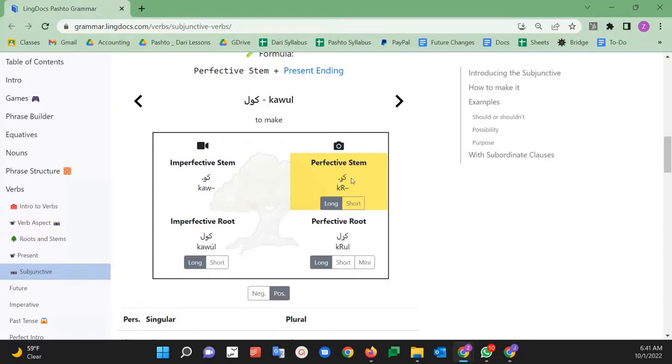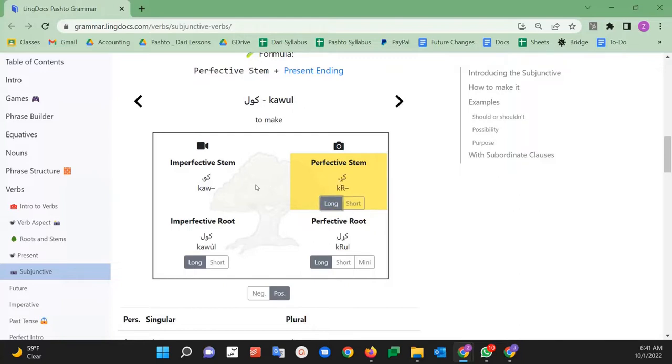Now what's tricky is that one of the most common verbs, kawel, is actually irregular in its perfective stem. So we say ze kar kawum for I am working. But if we wanted to use the subjunctive form, we'd have to say ze kar wukram, actually.